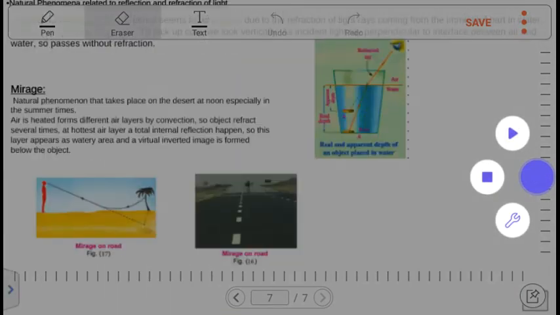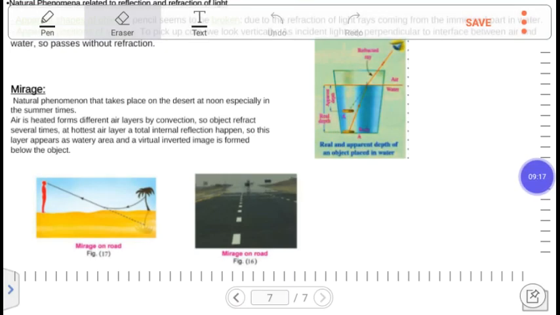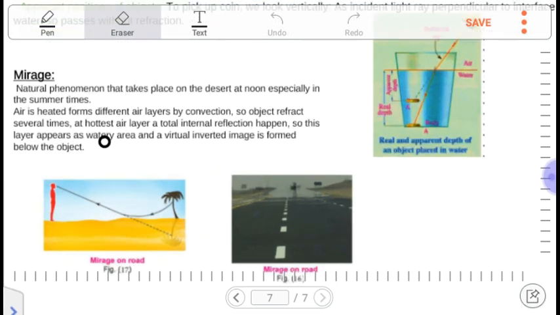The second phenomenon is the mirage, a natural phenomenon that takes place in the desert at noon, especially in summer time. At summer afternoon, we have the phenomenon known as mirage. When the air layers are heated by convection, total internal reflection happens.